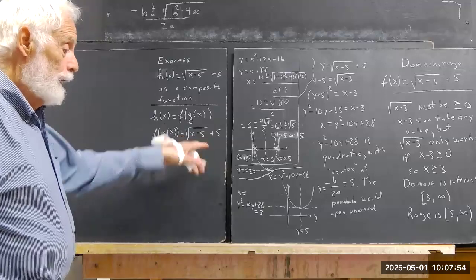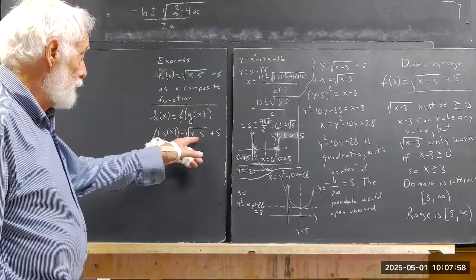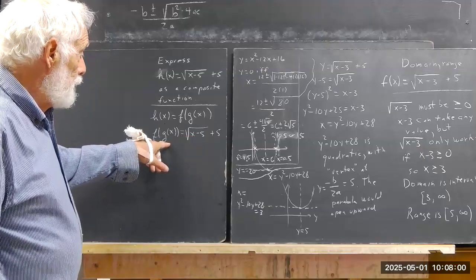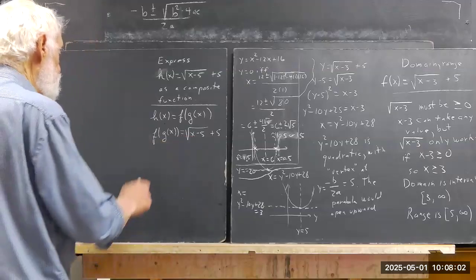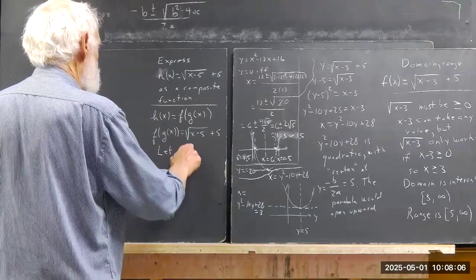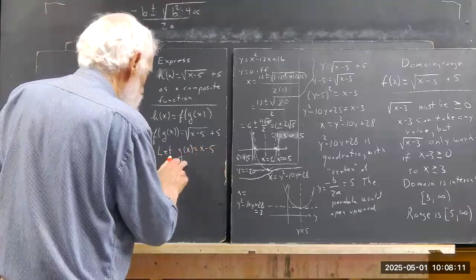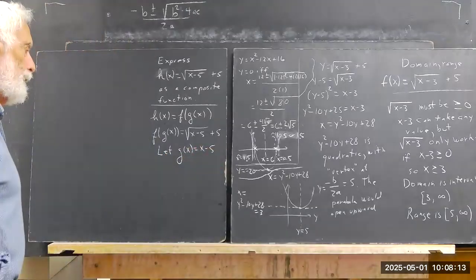Well, you subtract 5. Okay? The first thing that happens to x is you do x minus 5. So it makes sense to let g of x be x minus 5.